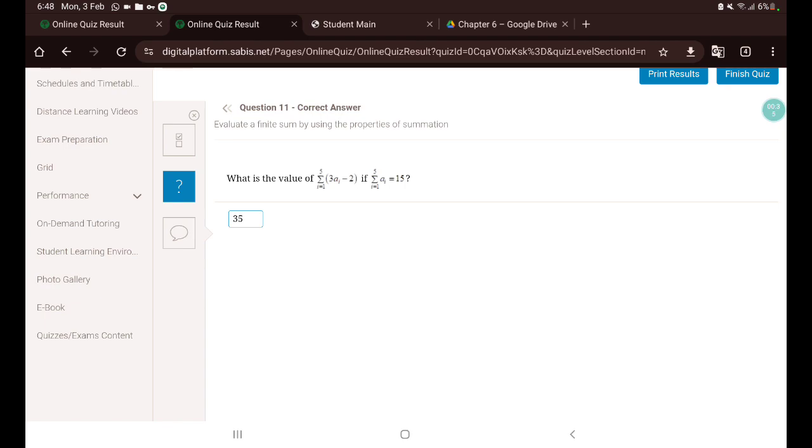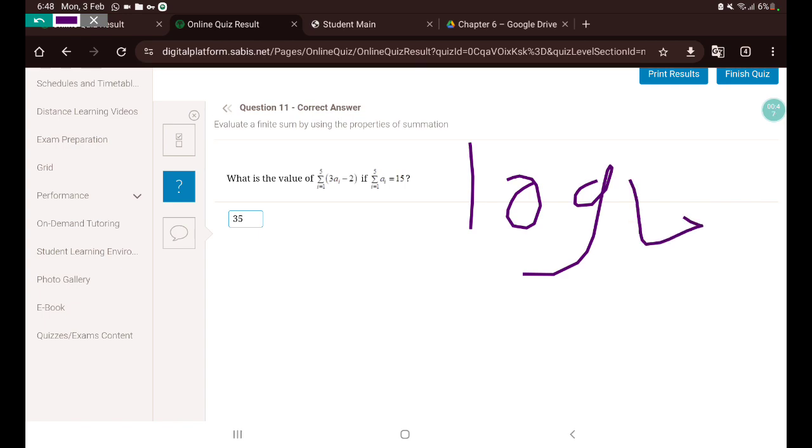Let's start, shall we? For this question, you have to use something in the calculator. It's called log, log with a little square and a rectangle. You have to use its shift form.